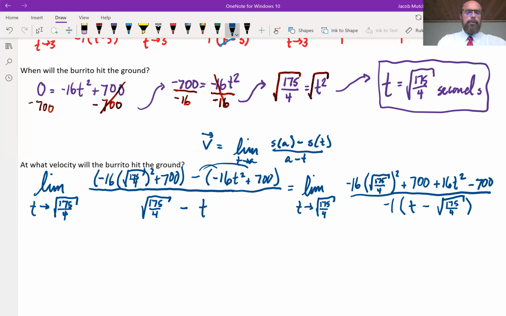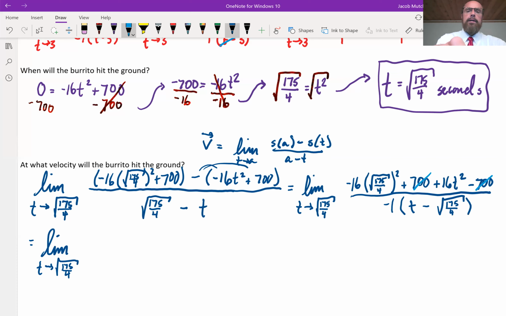I'm going to wrap around here to the far left. So it's still the limit as time approaches square root of 175 over 4. And I do need to notice some cancellations in my numerators. The 700 constants cancel again. 700 minus 700 is 0.